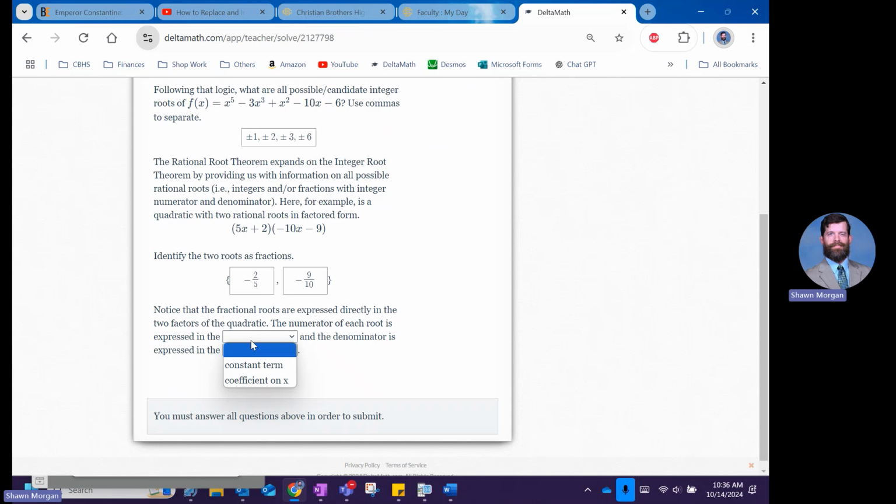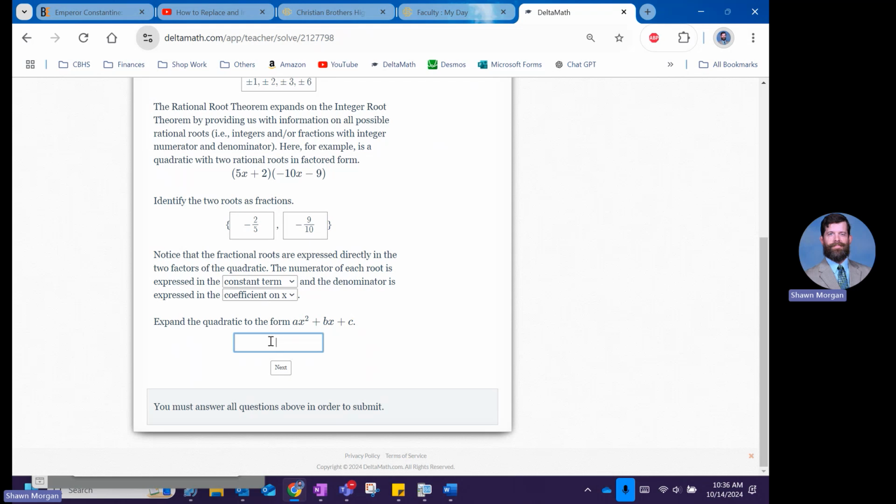roots each. The numerator is a factor of which one? What's our P? Where our P comes from? Constant. And then the denominator is, there we go, expand the quadratic form. We want to multiply 5x times negative 50x squared. Quadratic to the form.